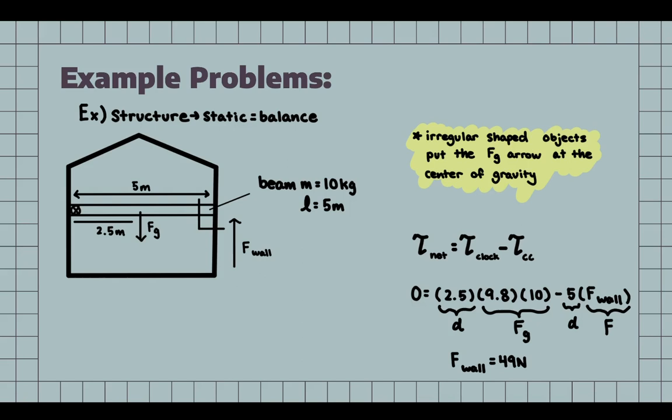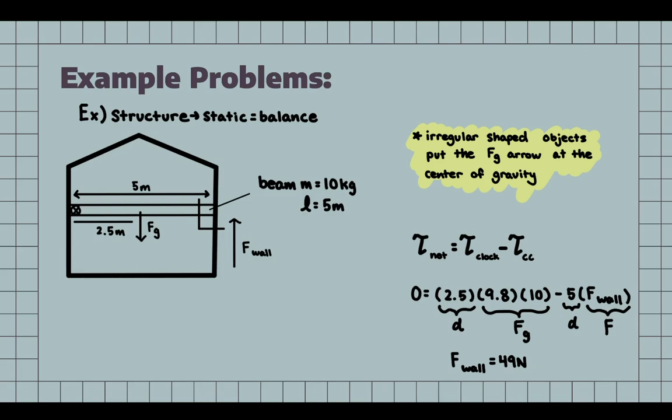After we have identified all the needed factors, we can write down the equation to solve. For torque net, we put down 0 because buildings are always going to be in balance, since they are stable and not moving. For clockwise torque, we see that the distance of the beam is 5 meters.